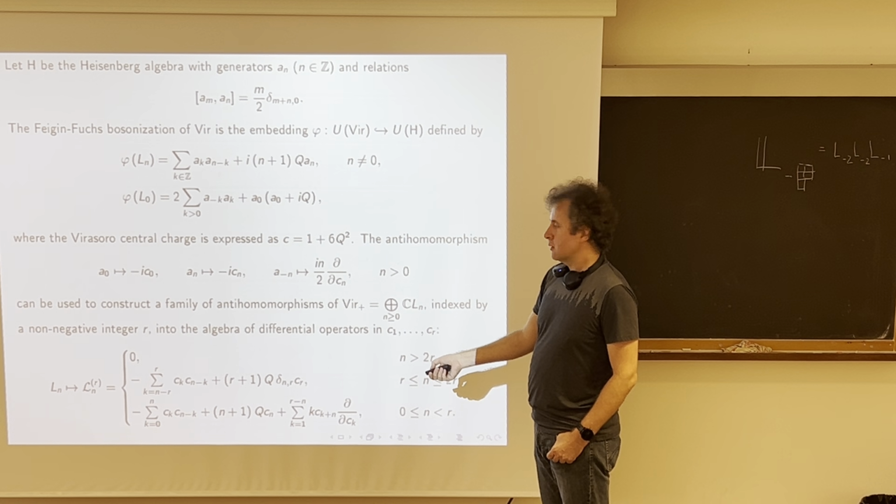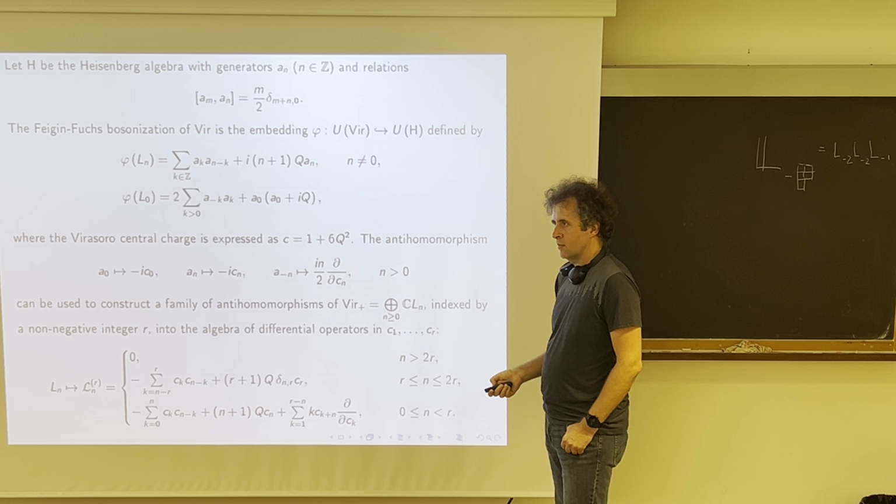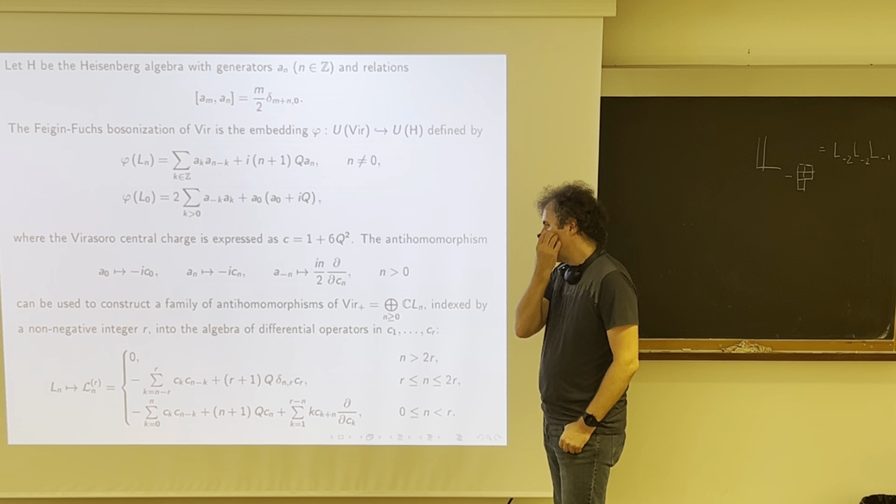You said C is equal to 0. Then you have the difficulty that you cannot differentiate with respect to them. But maybe you don't have such terms. You mean from the Heisenberg algebra to the algebra of differential operators.